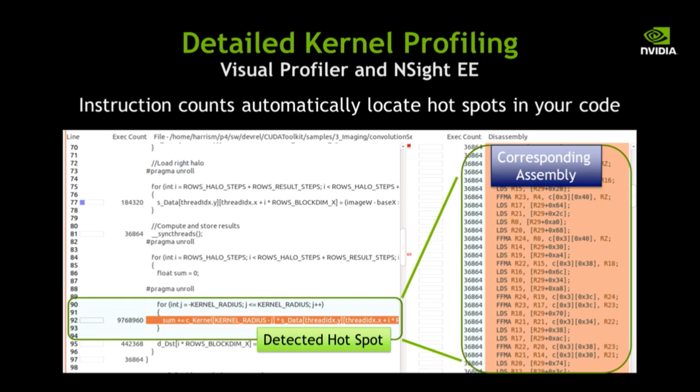If you look up at line 77, there's a little blue bar, which is kind of a little bar graph, which if it's empty, then that means all the threads executed that line of code. And if it's partially filled, then that means that some threads were not active at that line of code. And so you can get an idea of the divergence in your code.